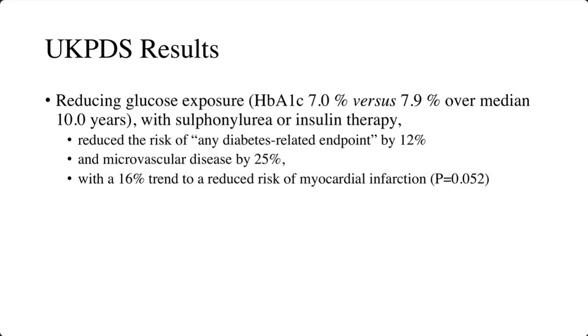The main result showed that by reducing the glucose exposure, hemoglobin A1C 7 versus 7.9 over a median period of 10 years with sulfonylurea or insulin therapy, they got a reduced risk of any diabetes-related endpoint, meaning diabetes complications, by 12%, a reduction of microvascular disease, which was really significant, by 25%, and a 16% reduction, a trend, in reduced risk of myocardial infarction.